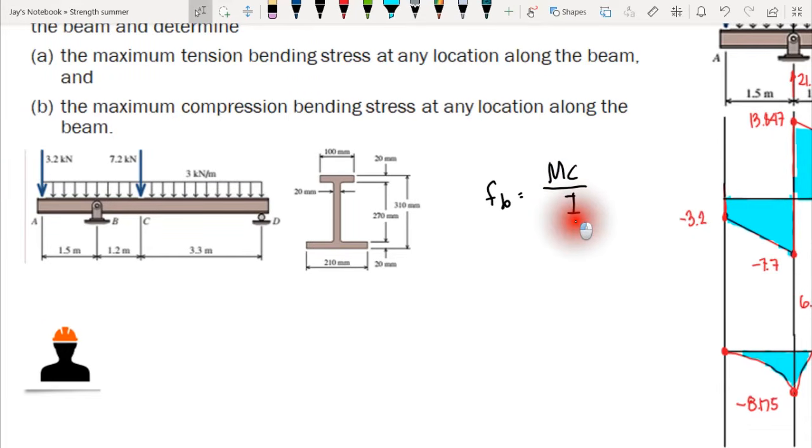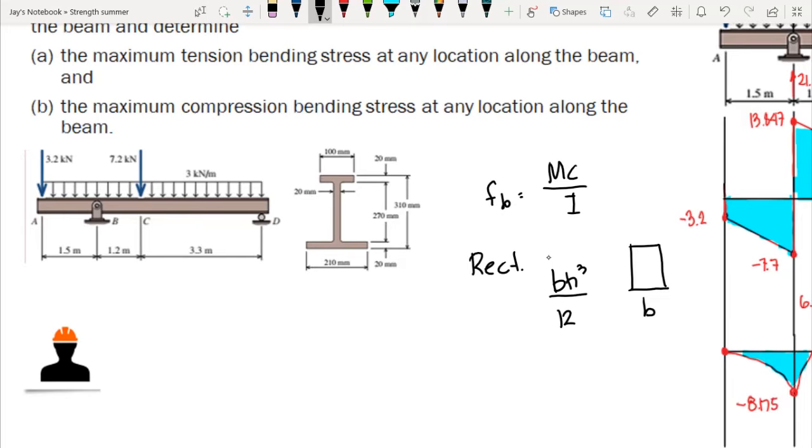Now for a rectangular beam, the moment of inertia along the neutral axis is just bh cubed over 12, where b is the base and h is the height. This is only applicable for a rectangle that is symmetrical along the y-axis and x-axis.